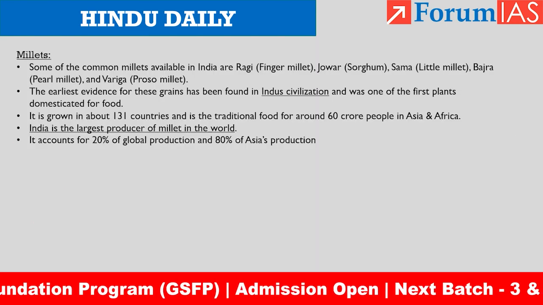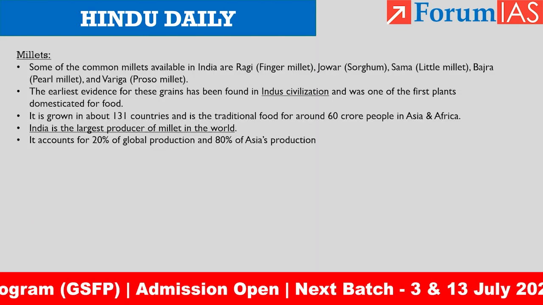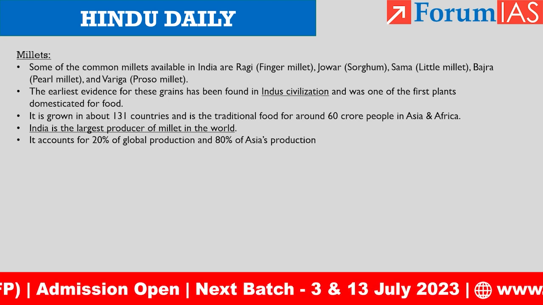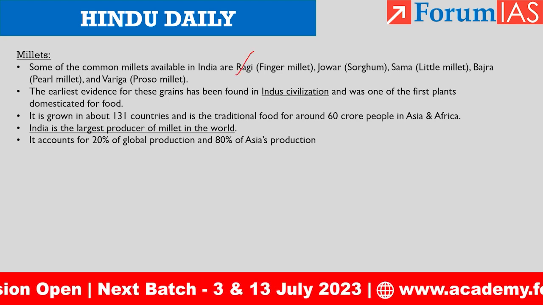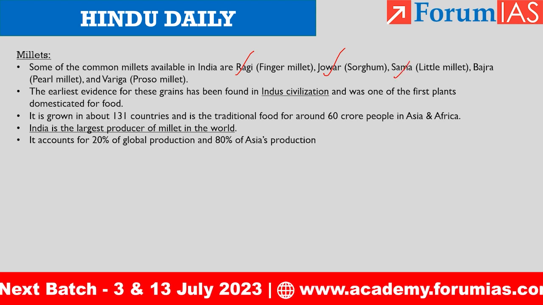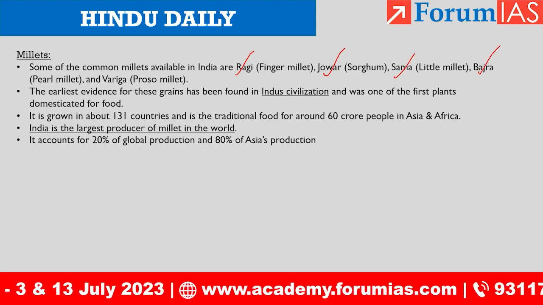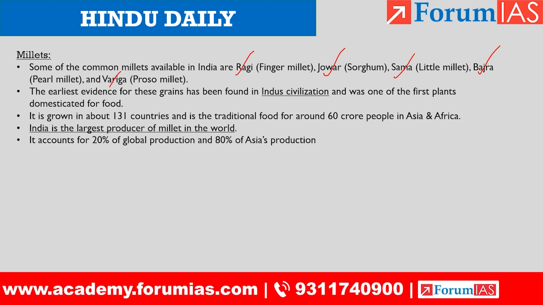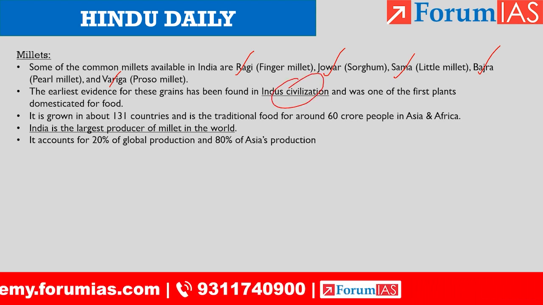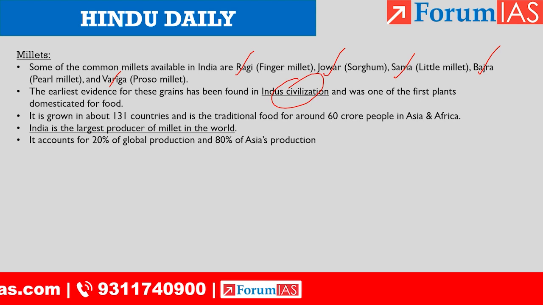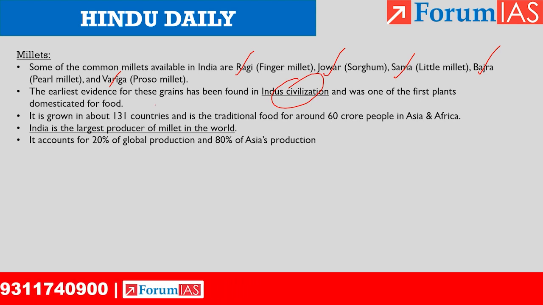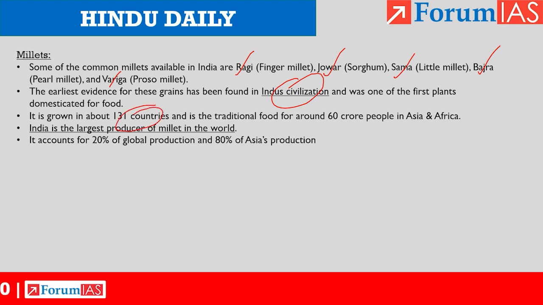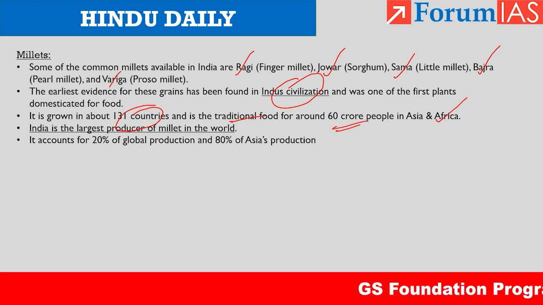So about millet, we can see some of the common millets that are available in India are ragi, jowar, sama, bajra, variga, etc. So the earliest evidence of millets has been from Indus Valley civilization, and these millets are grown in about 131 countries, and it is the traditional food for many people, almost 60 crore people in Asia and Africa.